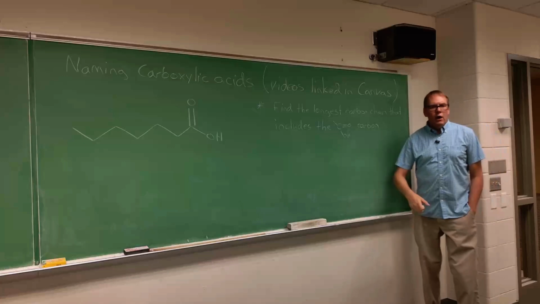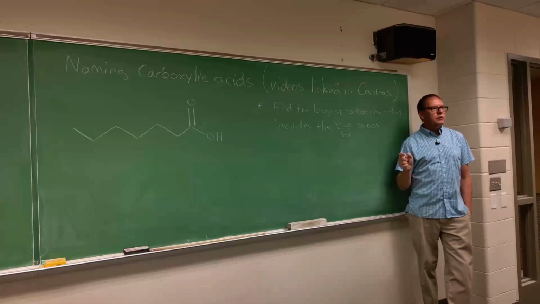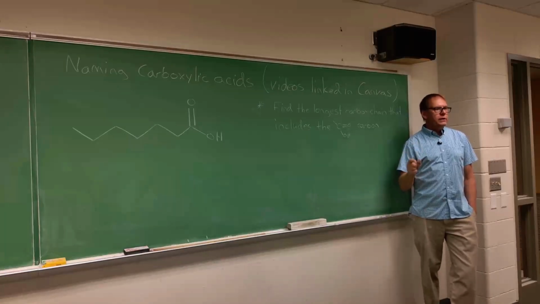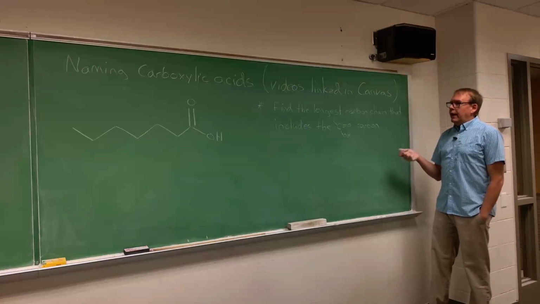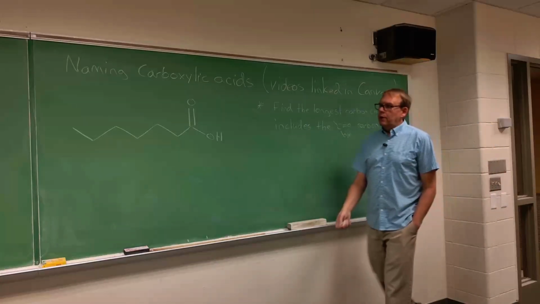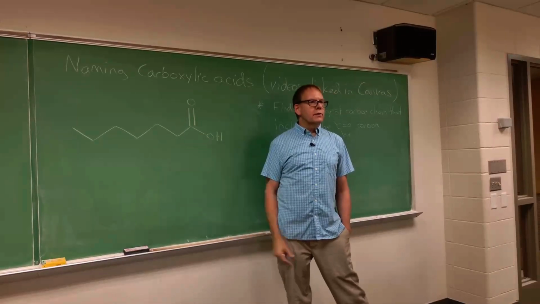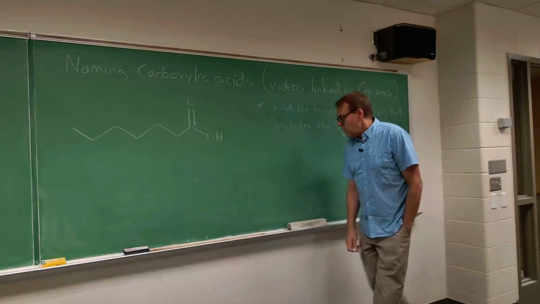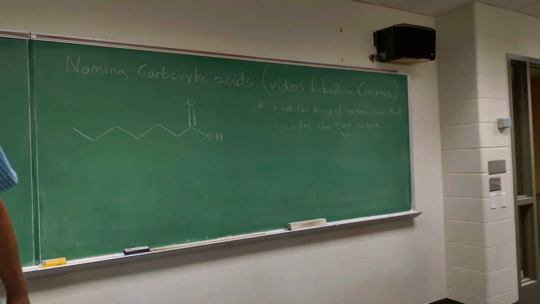It's very similar to how we operated when we were naming alcohols. When we were naming alcohols last semester in Organic 1, we had to find the longest carbon chain that had the OH attached. It's a very similar kind of rule here. And if you want to, you can just start at the carboxylic acid carbon and count in all different directions to try to find the longest carbon chain. It's a good strategy. Once you find it, that forms the parent name or the root name.